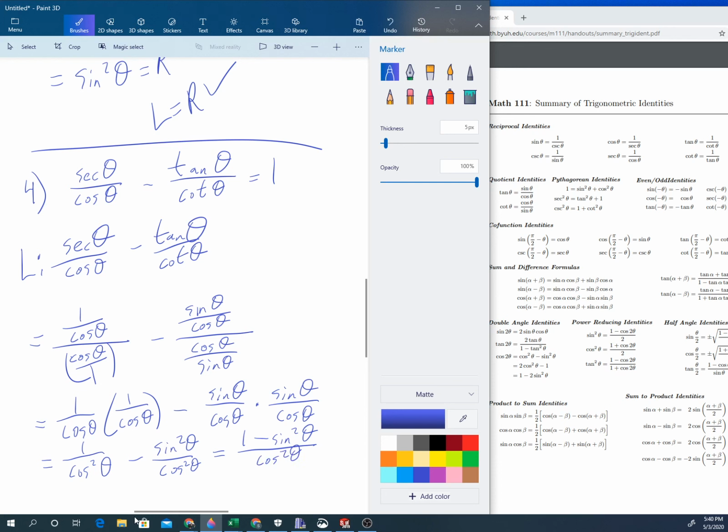And remember, when I had 1 equals sine squared theta plus cosine squared theta, just like before, if I want a 1 minus something, in this case it is the sine function again, won't always be, but that's what it is here, then I can see that 1 minus sine squared theta is the same thing as cosine squared of theta.